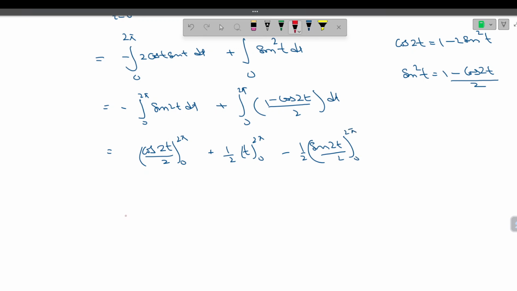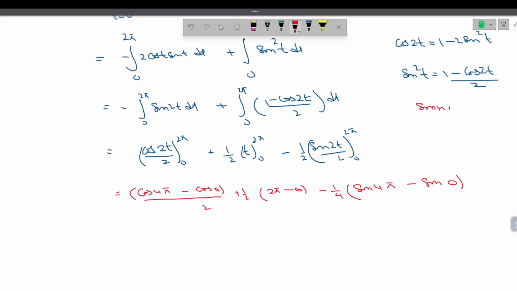0 to 2 pi. You see, if you put the upper limit, cos 2 already to cos 4t minus cos 0 by 2 plus 1 by 2, 2 pi minus 0 minus 1 by 4, 2 to the 4t minus sin 0.